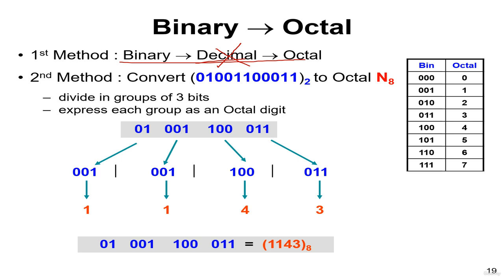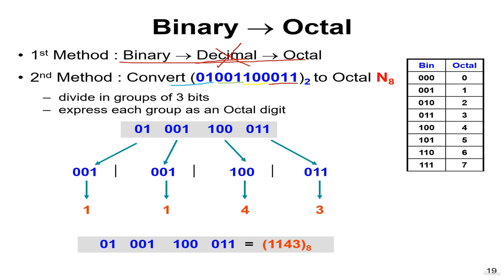You start from the right side, from the least significant. This would be my first group, then my second group, my third group, and finally my fourth group.